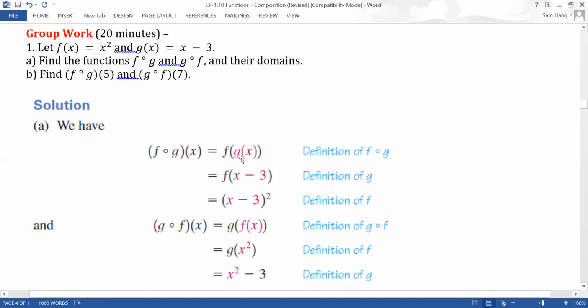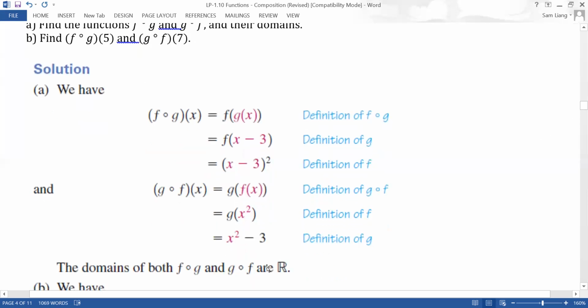So remember, for the domain of a composed function, it has to be defined for both the inside function, in this case g of x, and the overall composed function, x minus 3 squared in this case. So here there are no restrictions, because you can plug in anything for x minus 3, you can plug in anything for x minus 3 squared. Same thing for this, right? F of x, x squared, you can plug in anything, and then x squared minus 3, you can also plug in anything. Okay, so the domain for both of these is the set of all real numbers.